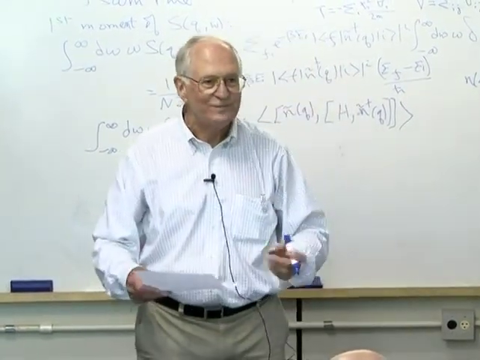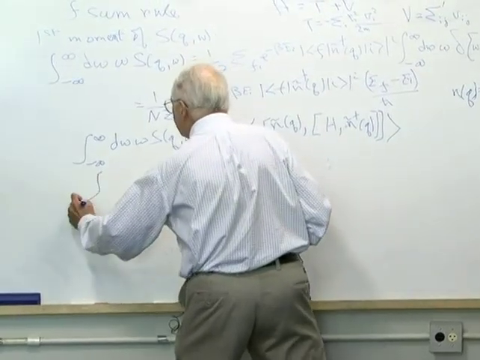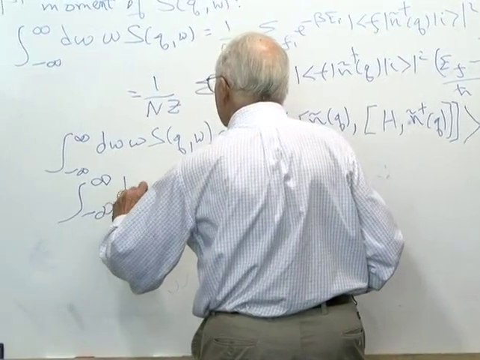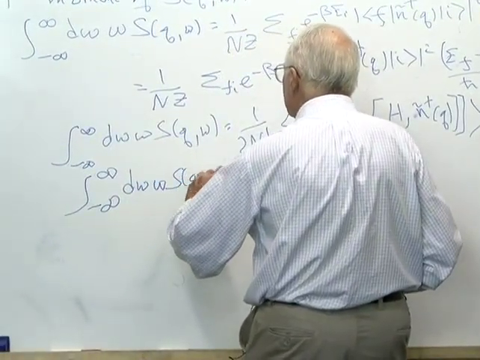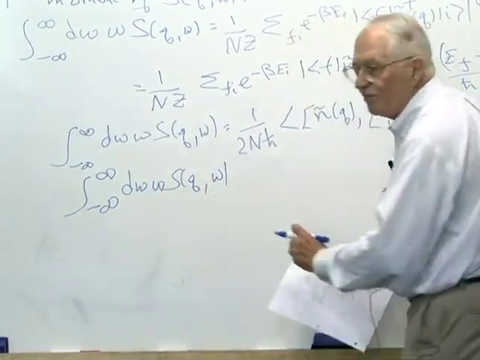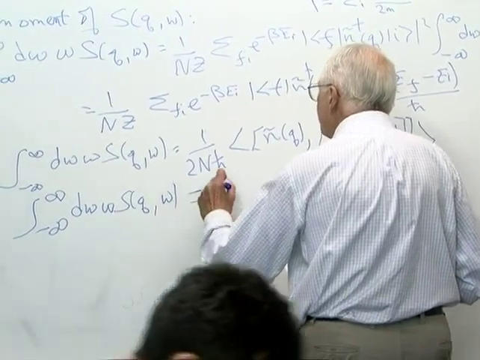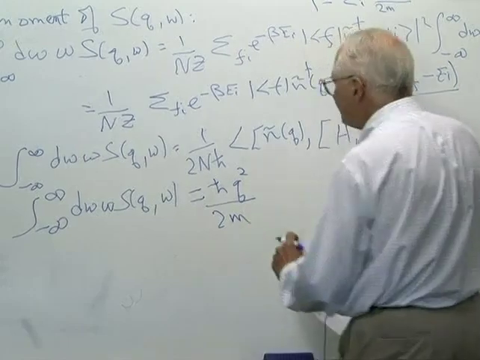famous f-sum rule. After a lot of work, you end up with the integral from minus infinity to plus infinity d omega, omega S of q and omega. This is just the first moment of S of q and omega. And the answer is h bar q squared over 2m.